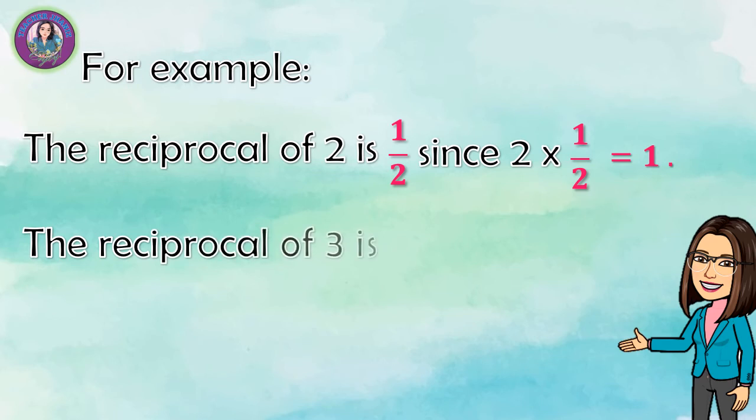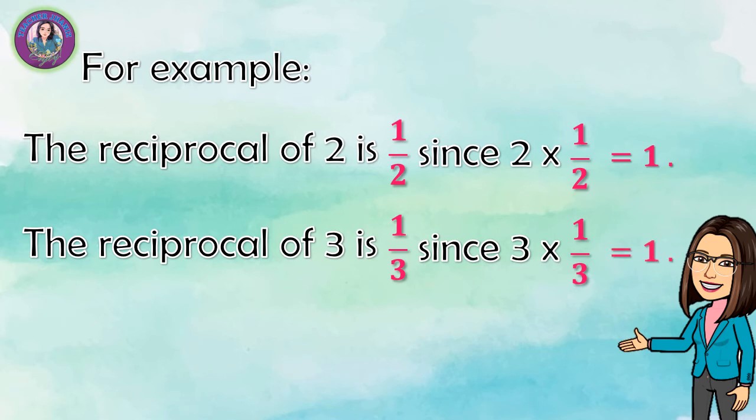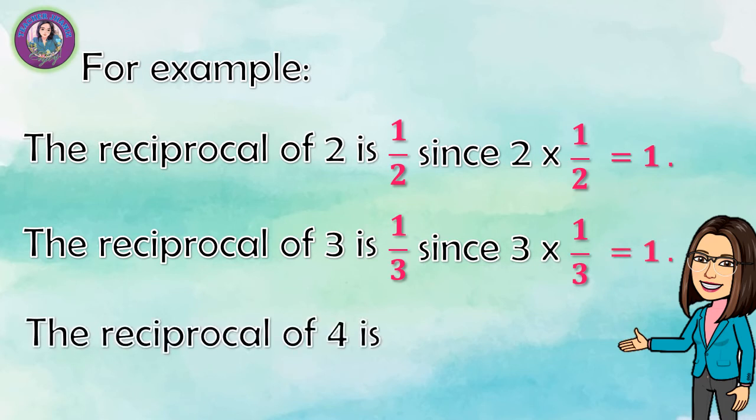The reciprocal of 3 is 1/3, since 3 times 1/3 is equal to 1. The reciprocal of 4 is 1/4, since 4 times 1/4 is equal to 1.